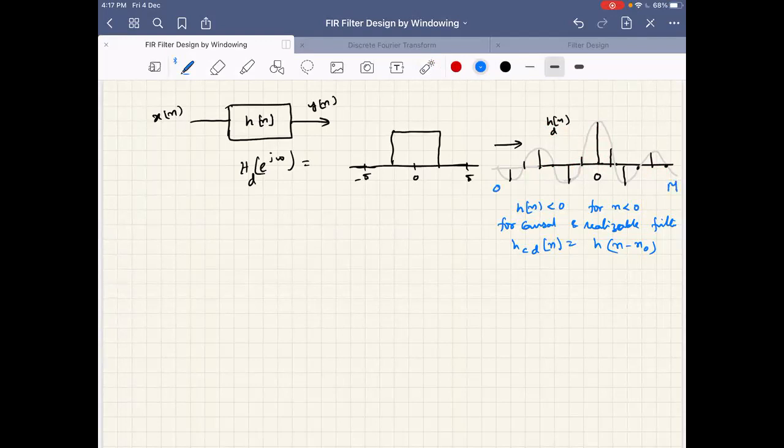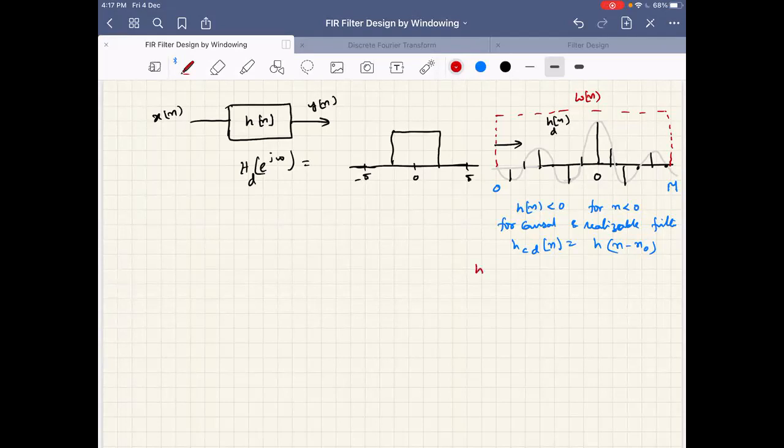And for practical realizations, especially in finite impulse response filters, we need only finite samples to be taken. So for that we apply a window function. This window function in the time domain will enable us to restrict the number of samples in hd of n.